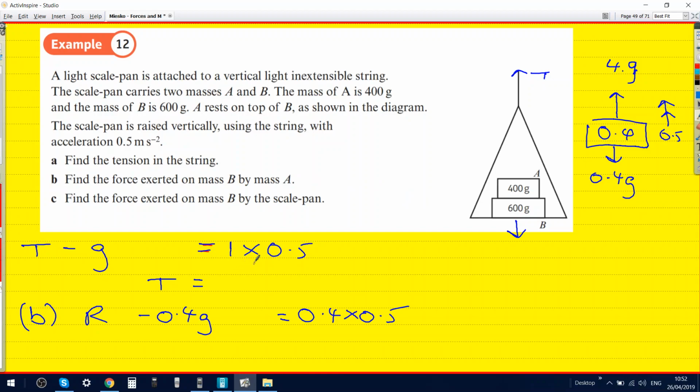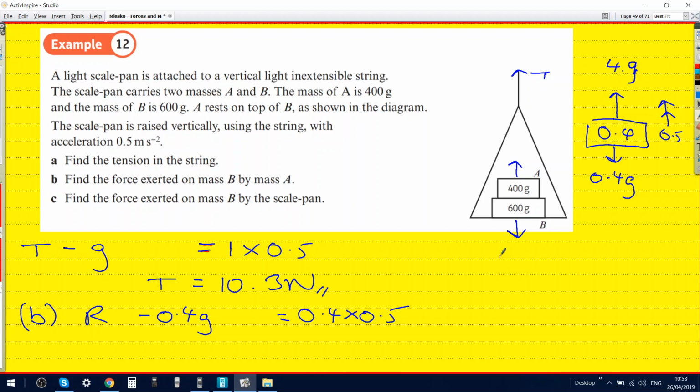So 9.8 plus 0.5. 10.3, is it? Yeah. Okay, and then this one, so for A, it's going to be whatever its upward thing is, take away 0.4 g is equal to ma. And so, yeah, they just bundled it all together into one thing, so that's probably simpler.